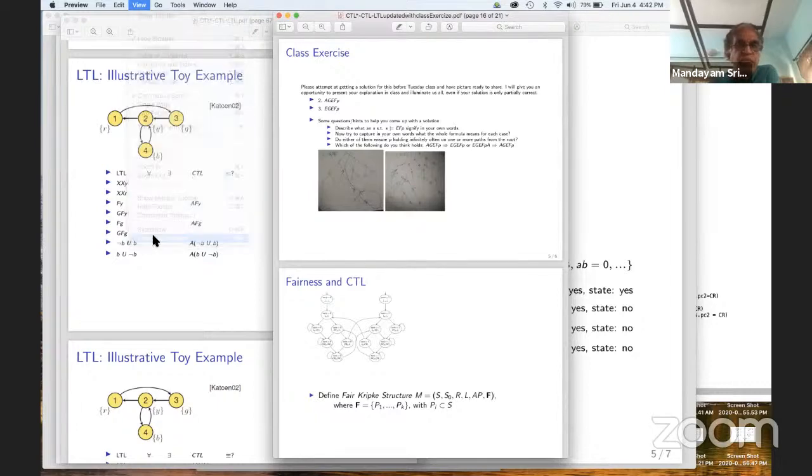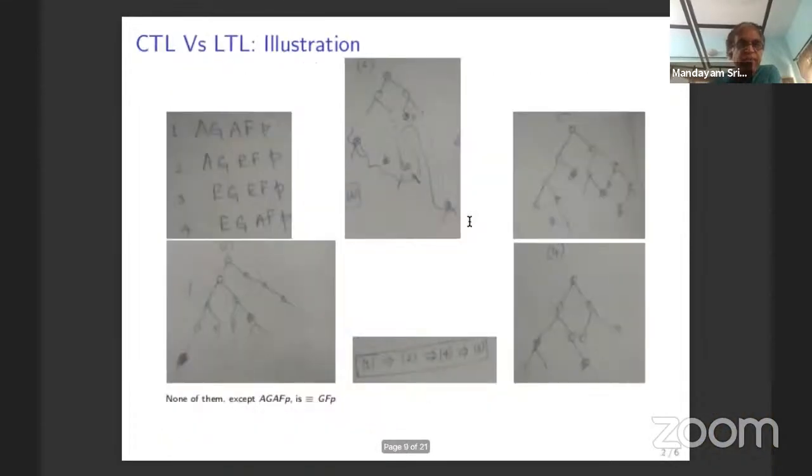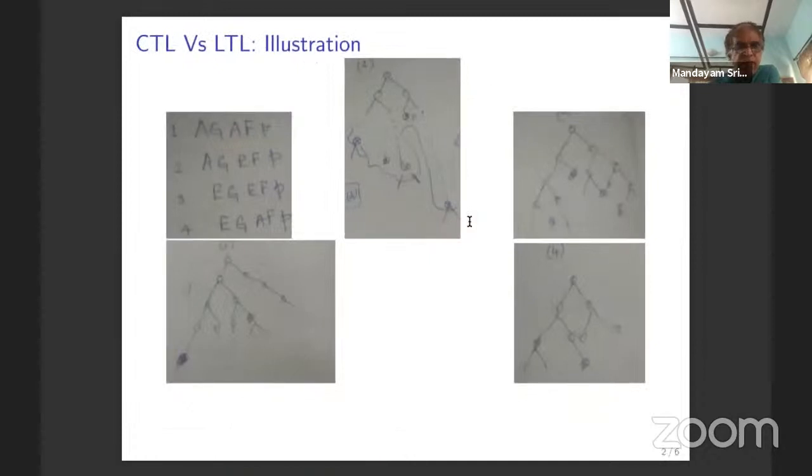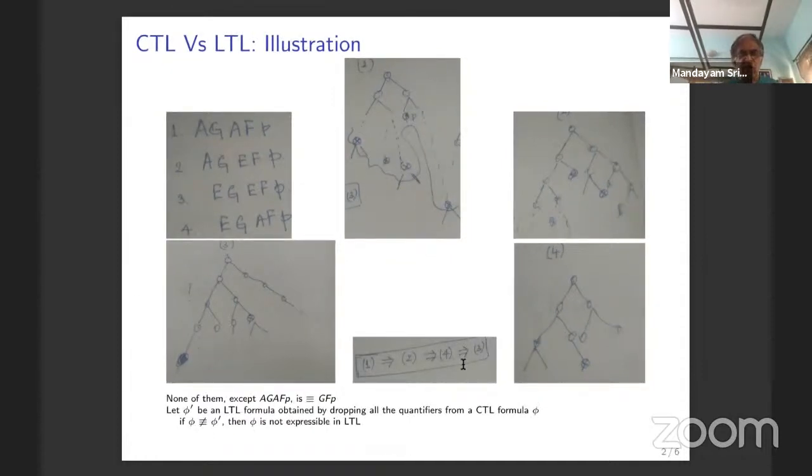I think you've already understood this thing. So just to contrast these 4 different things, okay? So what is happening with AG of AF of P? And this is actually wrong.